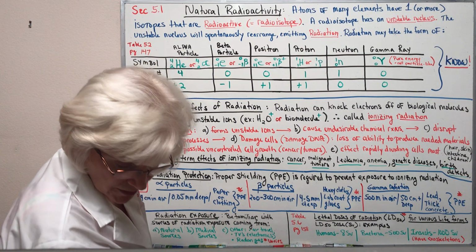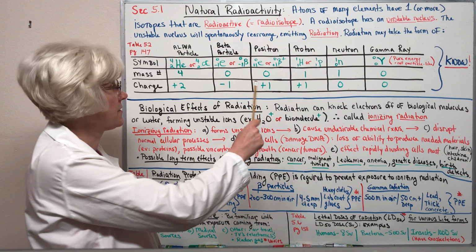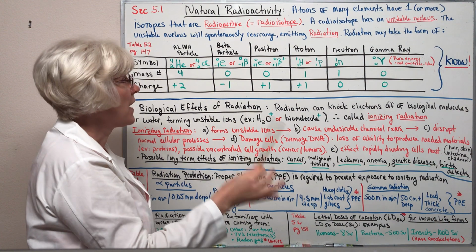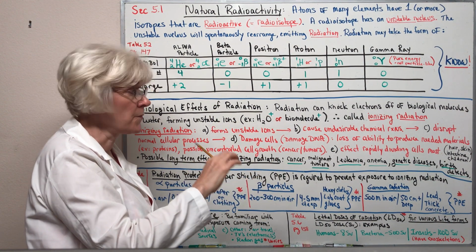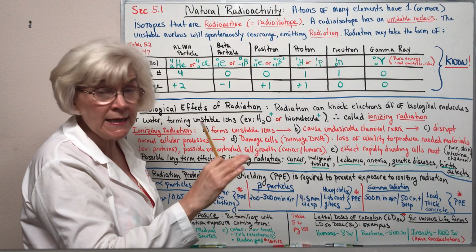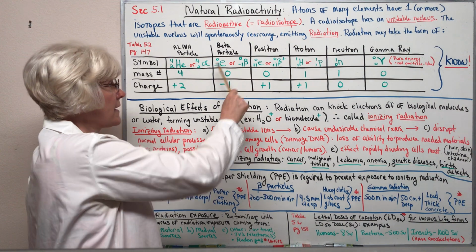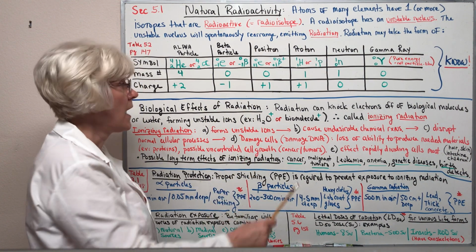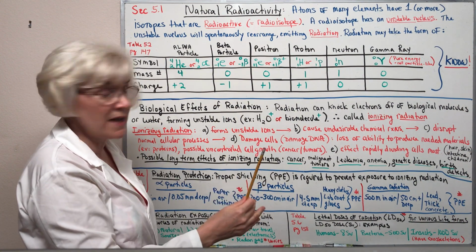The next particle that I'd like to mention is one that you probably are not familiar with. It's called a positron. And a positron is an electron-like particle, so very tiny in mass compared to a proton or neutron, like an electron is. It's an electron-like particle, but it has a positive charge to it, hence positron.